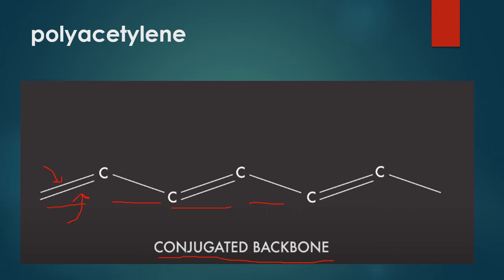Along this backbone, the sigma bonds hold each atom together by concentrating electrons directly between them. The pi bonds strengthen the connection between their atoms by attracting the electrons above and below the plane of the molecule.